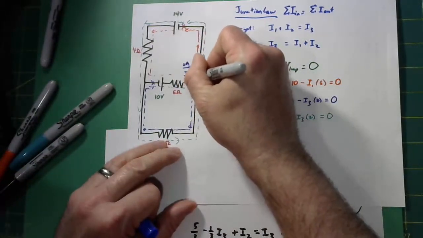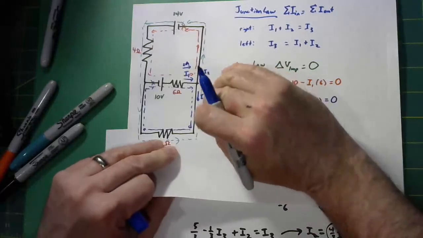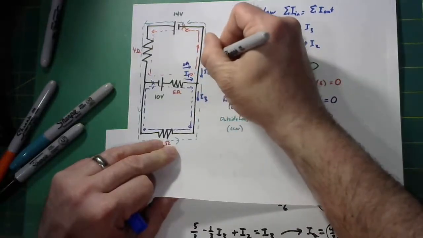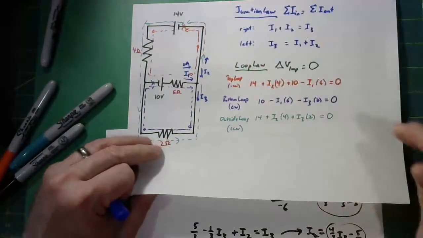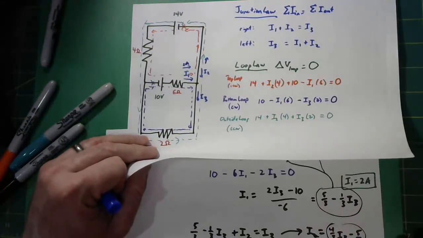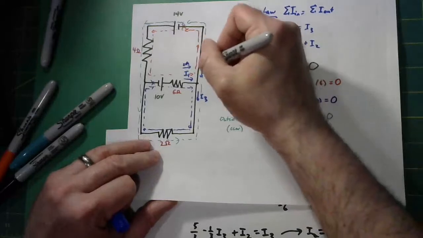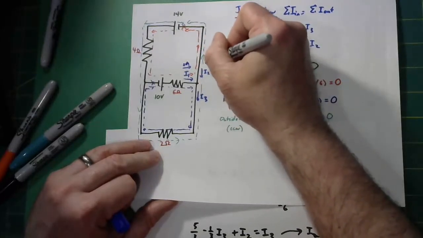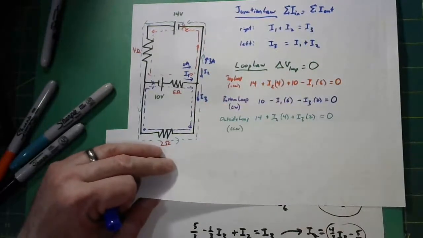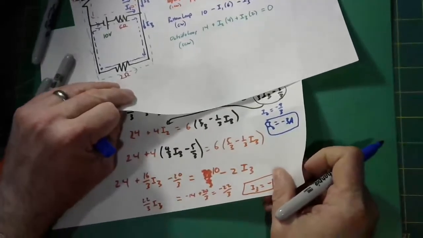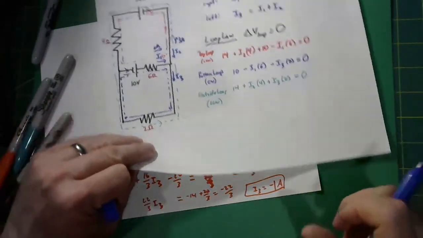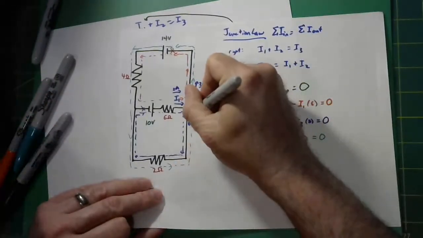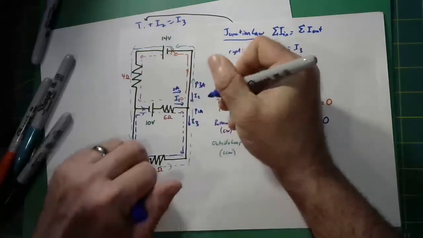When it gets to this junction, it splits. These directions are backwards from what they should be. I2 came out to be negative 3 amps, so it's really 3 amps going this way. And I3 calculated out to be minus 1 amp, so it's really going this way, 1 amp. Now look at this.